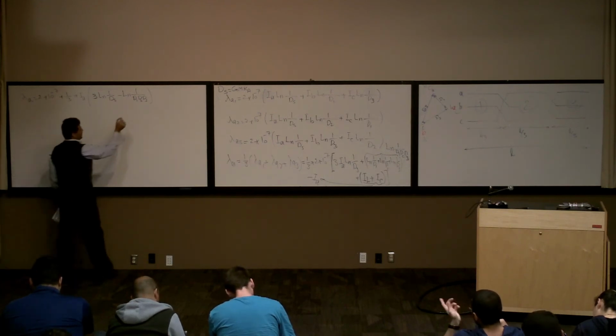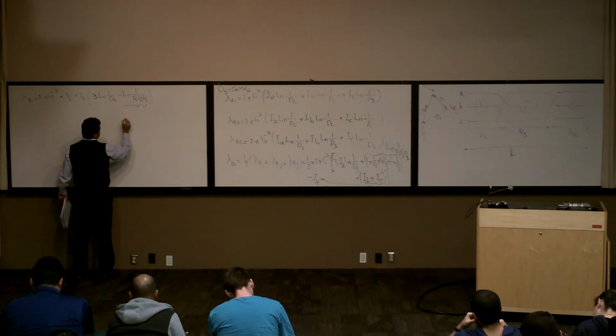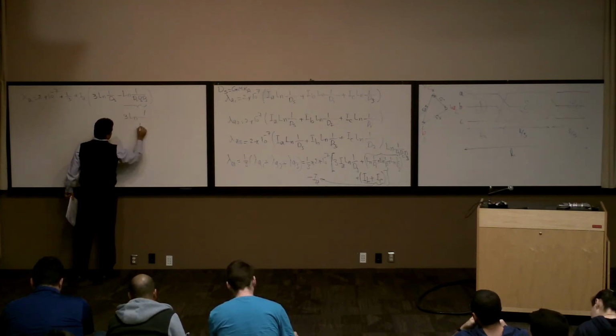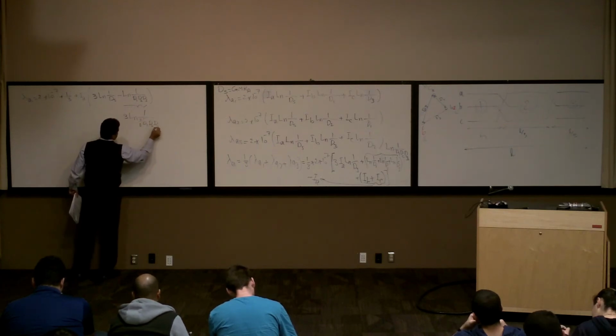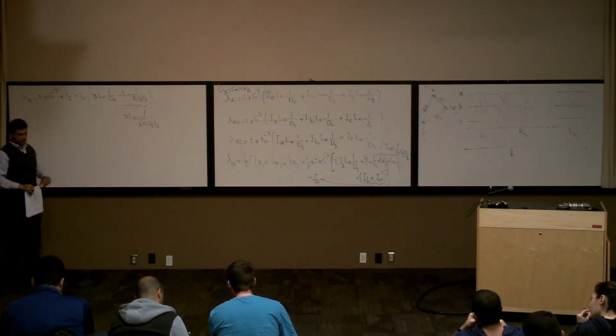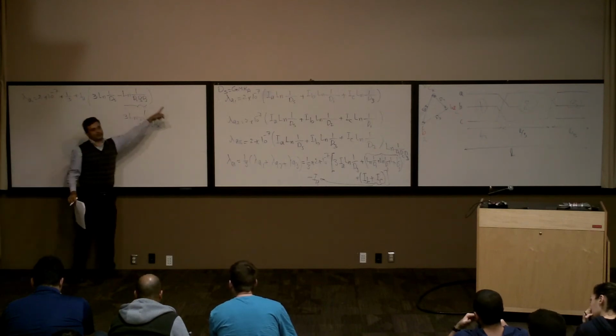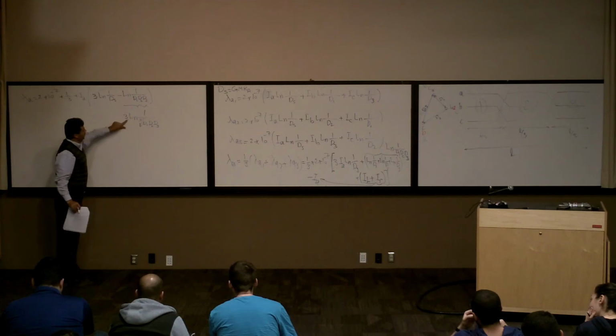Let's write this one this way. I'm going to write this one as 3 ln of 1 over, right? I can do it this way, right? This 3 can come here, 1 to the power of 3, and this 1 to the power of 3 is the same, right? Factor in a 3 here.